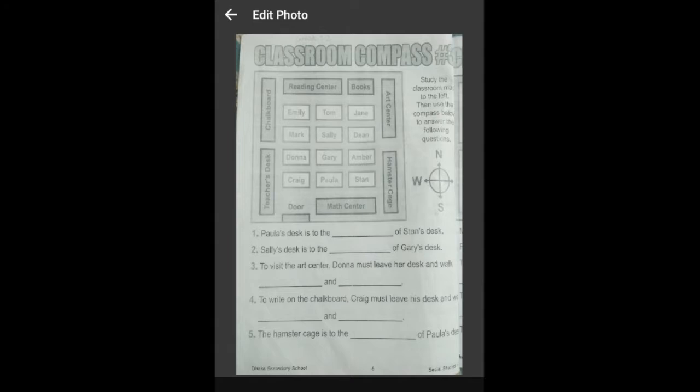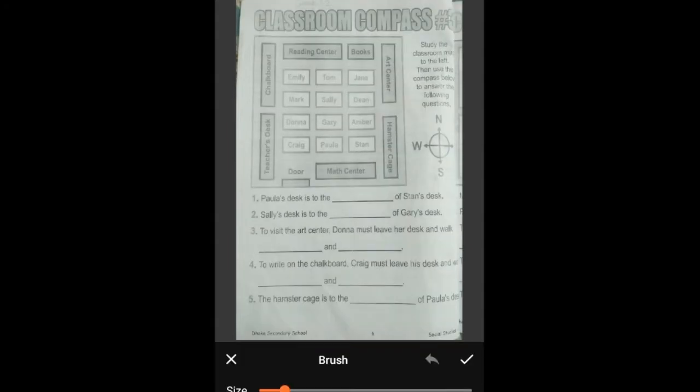So you can see page number 6 is open on your screens. Now we will look at the first blank, that is Paula's desk is to the dash of Stan's desk, right? They are asking us about Paula's desk and Stan's desk.